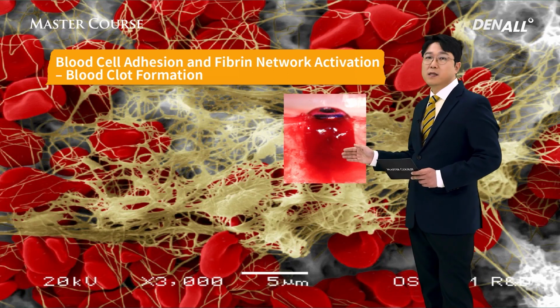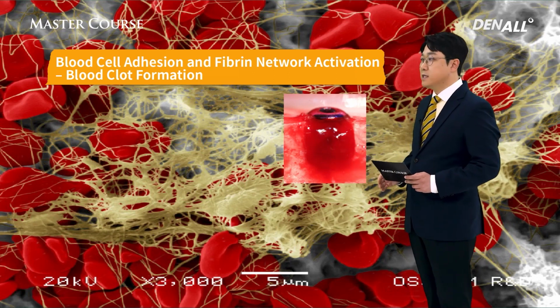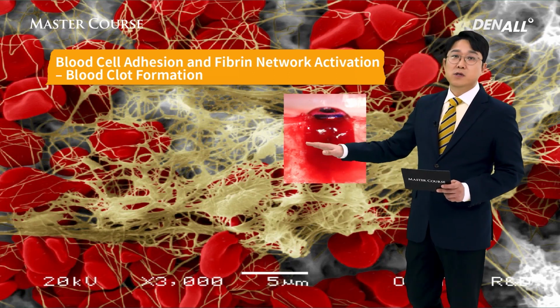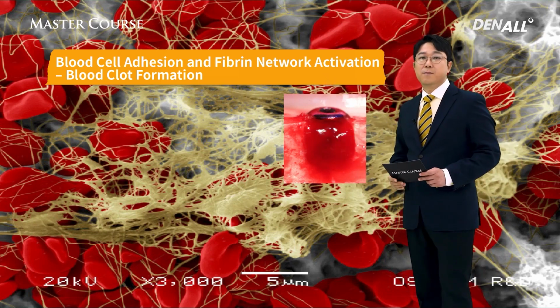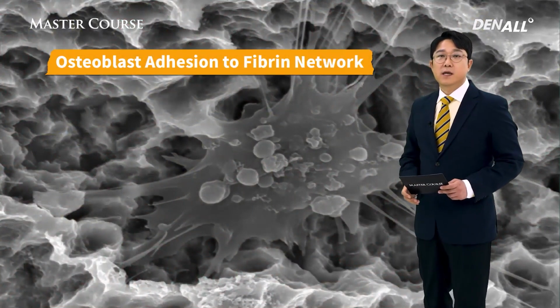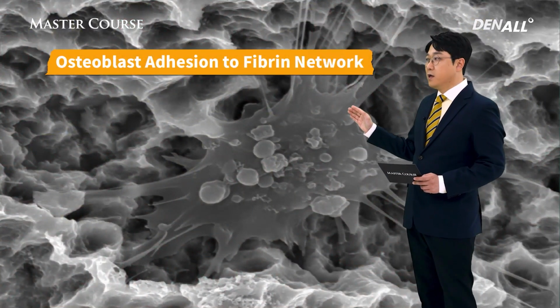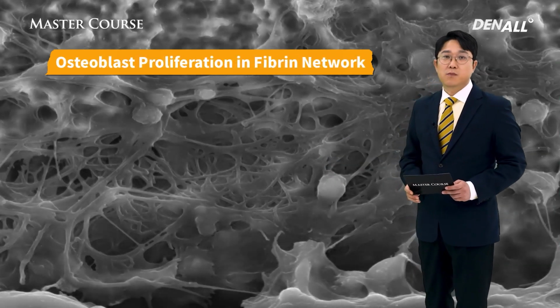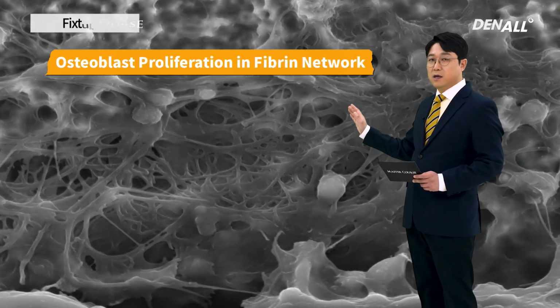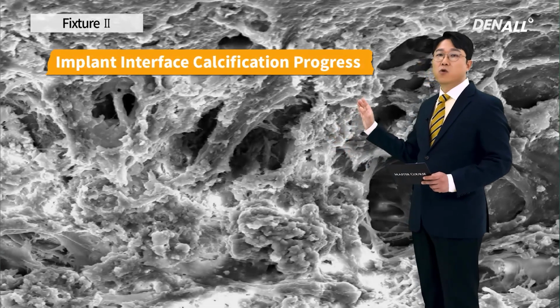After the implant is placed, when blood clots are properly formed, as you can see, the fibrin network is made. The fibrin network is formed on the implant surface, osteoblasts would adhere to it, and such osteoblasts would proliferate, making new bone.